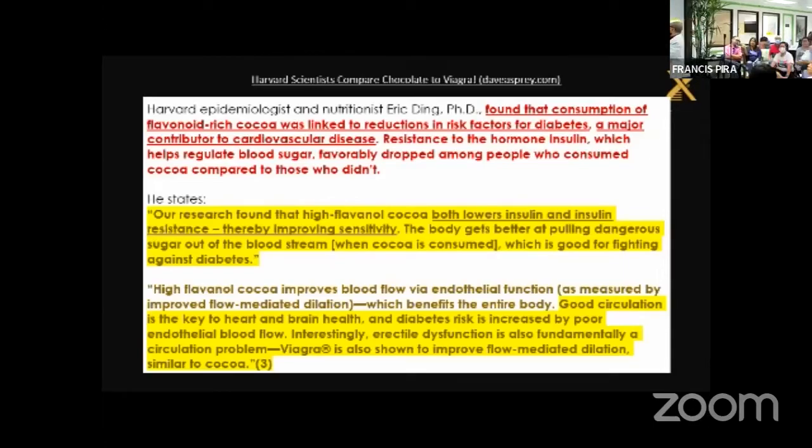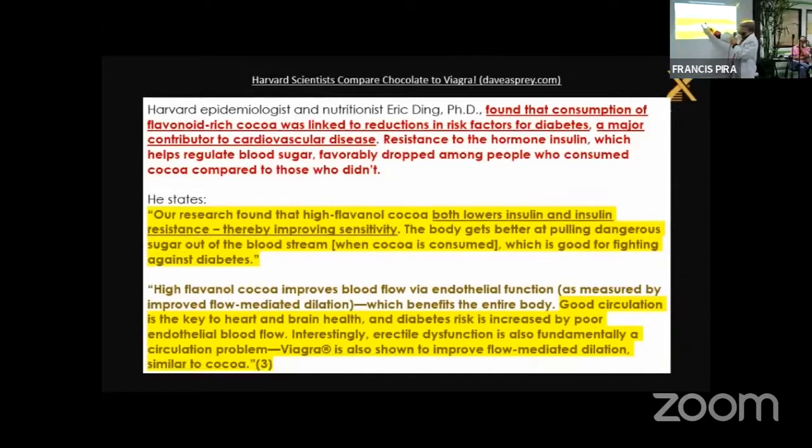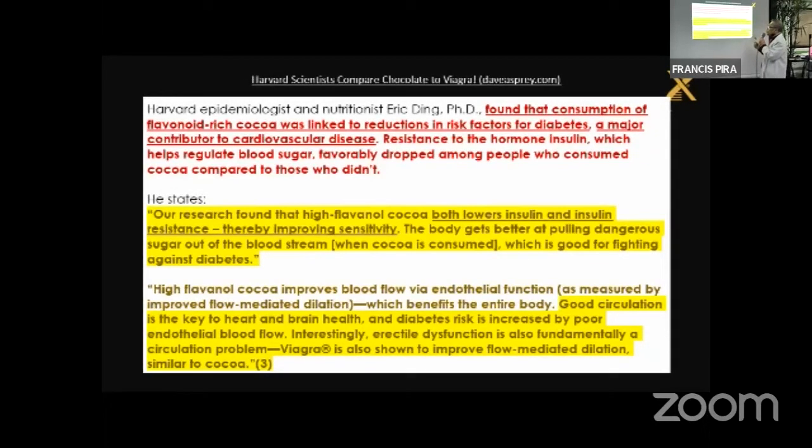So it was found out that Acticoa Cocoa lowers the insulin and insulin resistance. Therefore, it will prevent the occurrence of diabetes, and the body gets better at pulling dangerous sugar from the body, and it will actually prevent the person to develop diabetes.